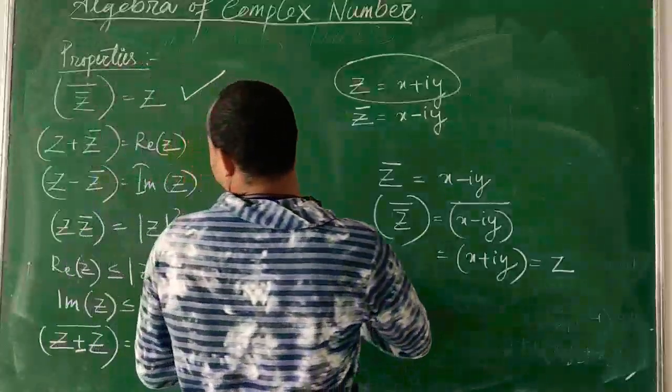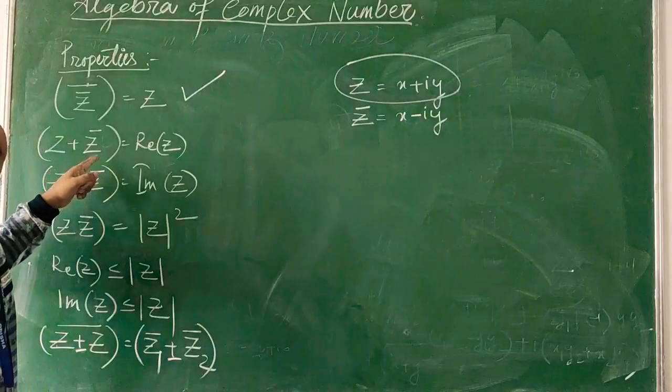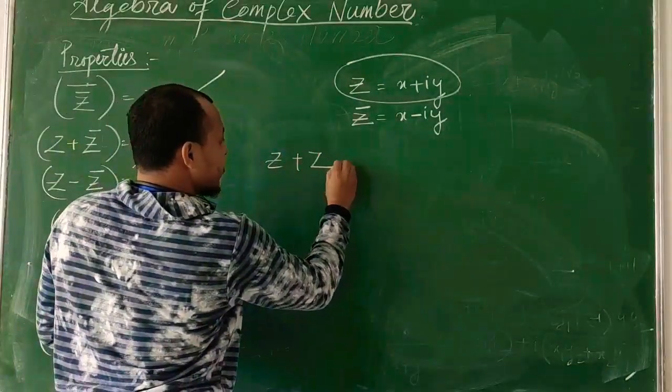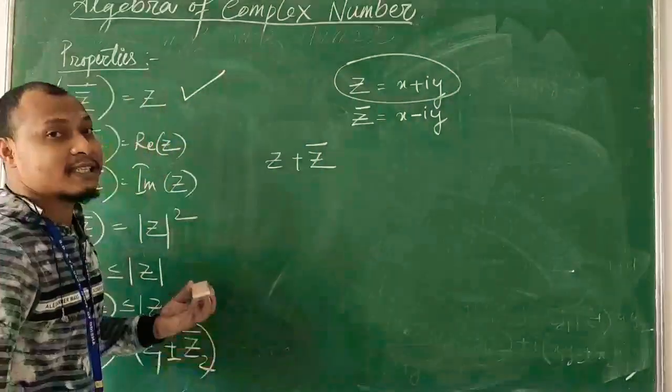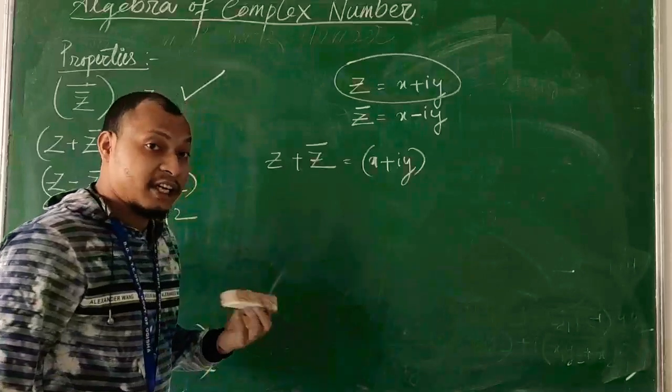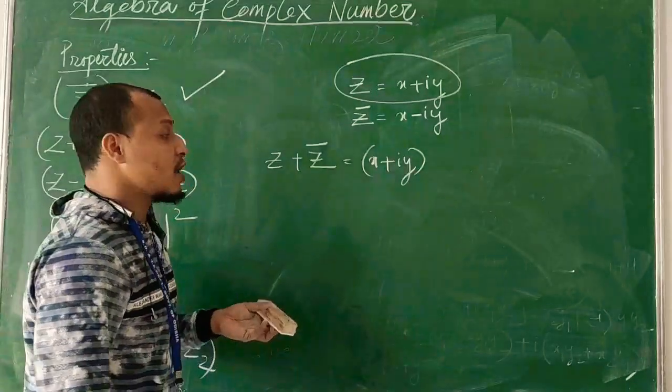Okay, next. z plus z conjugate. What is z? z is nothing but x plus iy, and z conjugate is x minus iy.